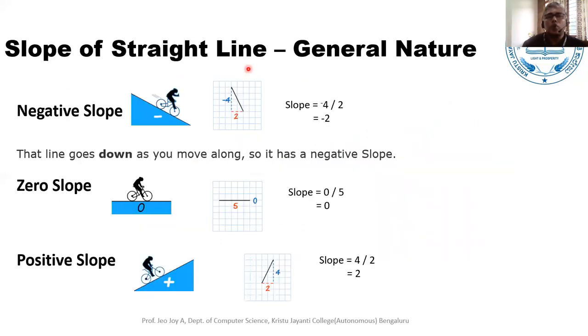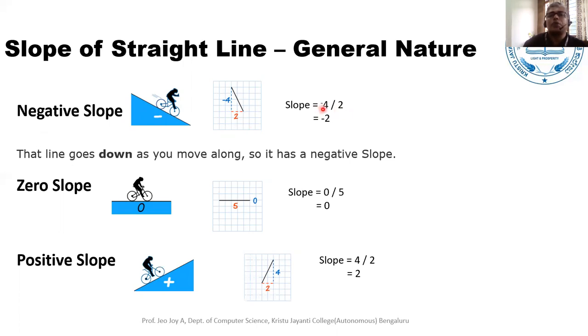Now coming to the slope, I have given different examples of slopes for different sets of straight lines. A negative slope straight line, how does it look? Here, in the example, y2 minus y1, which is in the numerator, is negative 4, and x2 minus x1, which is in the denominator, is positive 2.